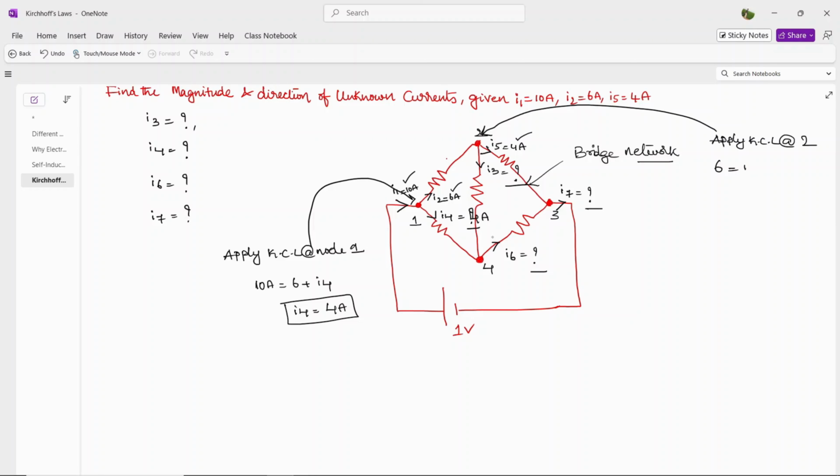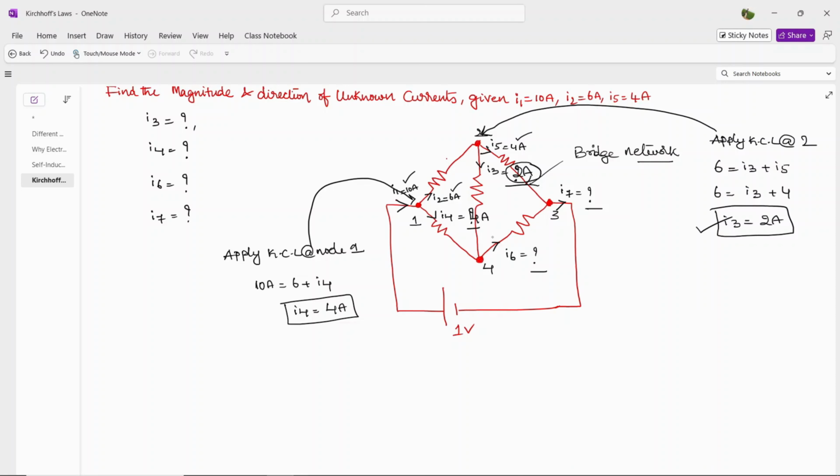So it is leaving as I3 as well as I5. But 6 is equal to I3, which is unknown, plus I5, which in the problem is given as 4 amperes. Therefore I3 is equal to 6 minus 4, which is nothing but 2 amperes. Therefore the value of I3 is 2 amperes.